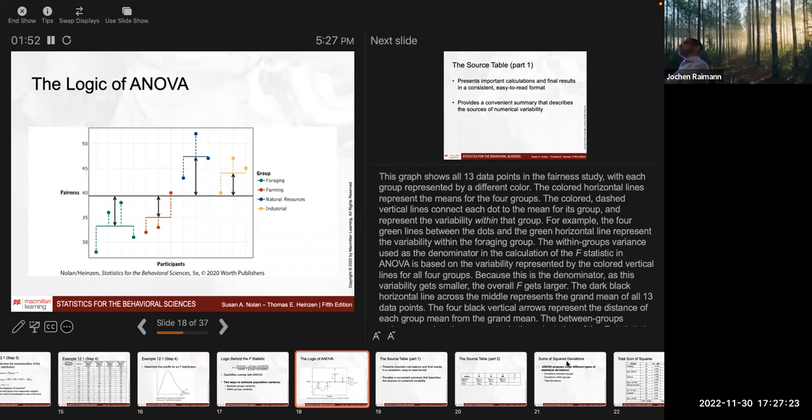So you merge those together and you calculate an F, which has a critical threshold that you utilize for hypothesis testing. And if this calculated F exceeds that critical value, you're rejecting your null hypothesis and concluding that at least one group is different from another group.